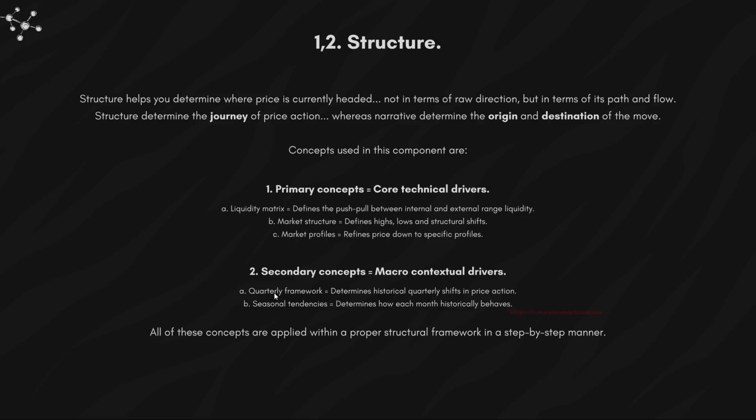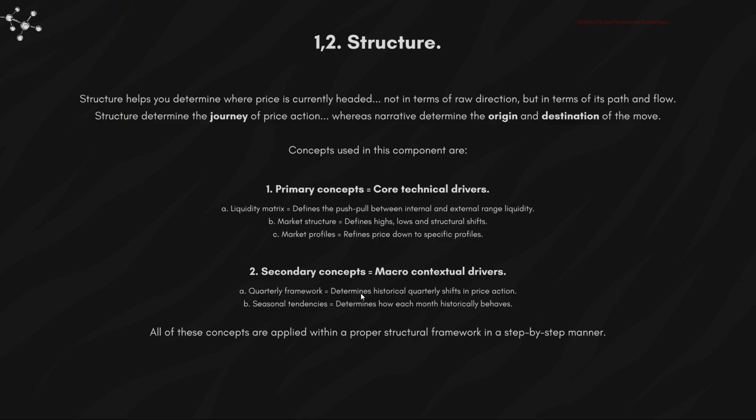The quarterly framework is basically looking at price and asking yourself what was the predominant direction of price in the past 3 to 4 months, and then based on that idea we can build a macro directional idea.